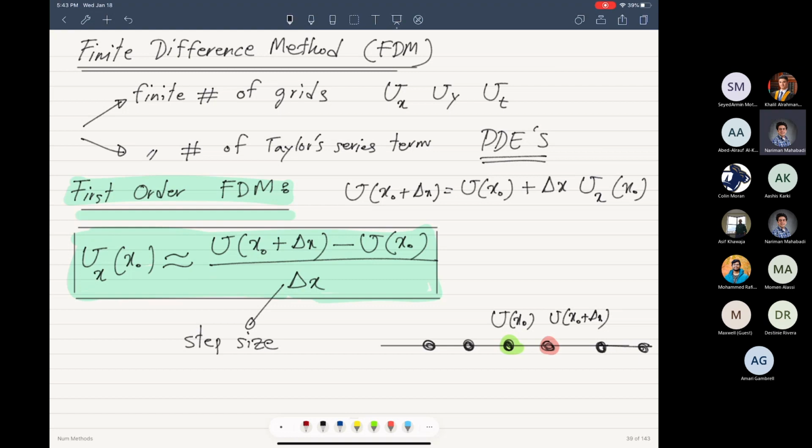Because you're using the next point to find the first derivative, we call this a forward FDM. We have different schemes. We're going to talk about backward FDM and even central FDM. But the one I'm showing you here just uses the next point to find the first derivative at this point. So this is how we can find the first derivative of the unknown function using the forward FDM.